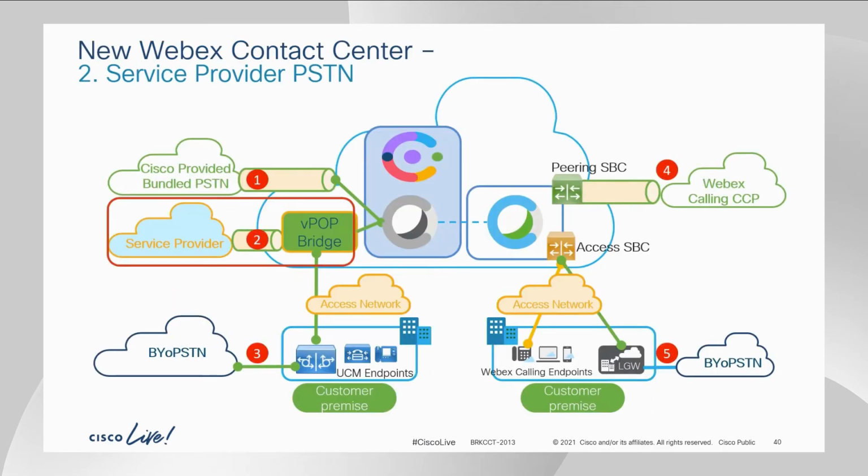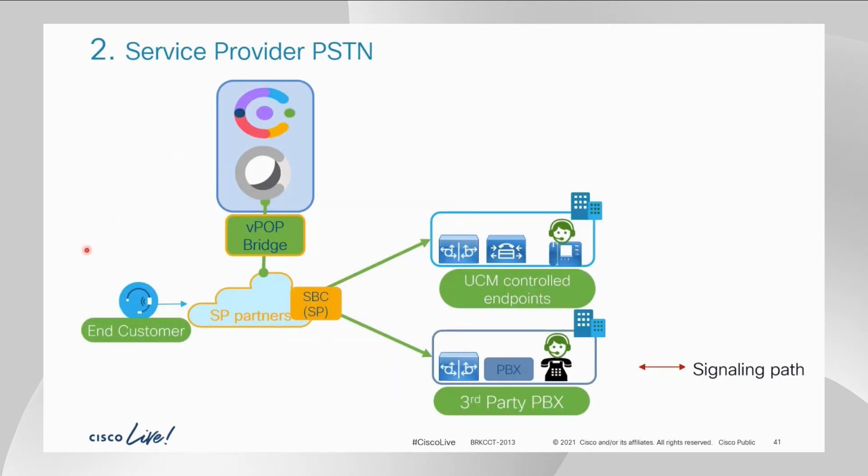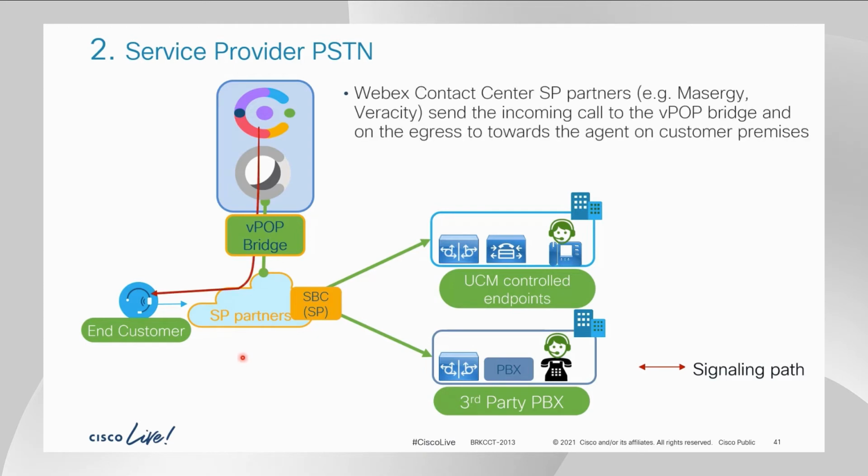Then let's look at the service provider PSTN option. We have a Webex Contact Center service provider partner which offers the PSTN, and it's connected to the Webex Contact Center via the VPOP bridge. The end customer calls the contact center number.